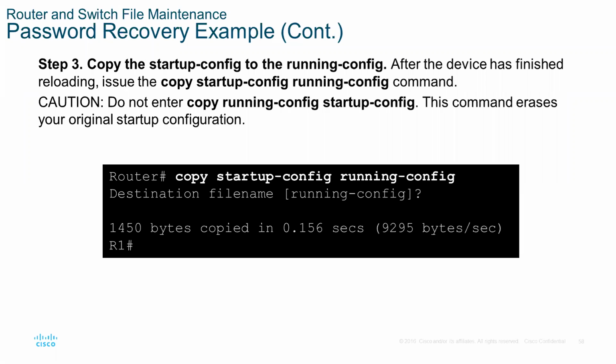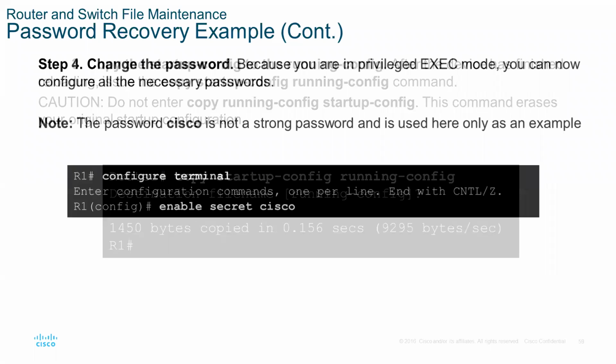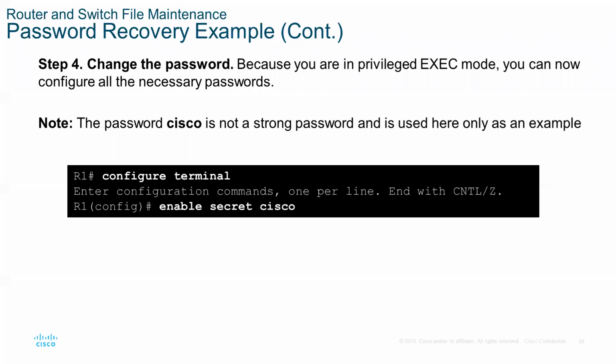So you go in, get in the privilege mode because there's no config, no passwords. Copy startup config, the running config, override yes, and then we go into global configuration and redo all the passwords that we want to reset.